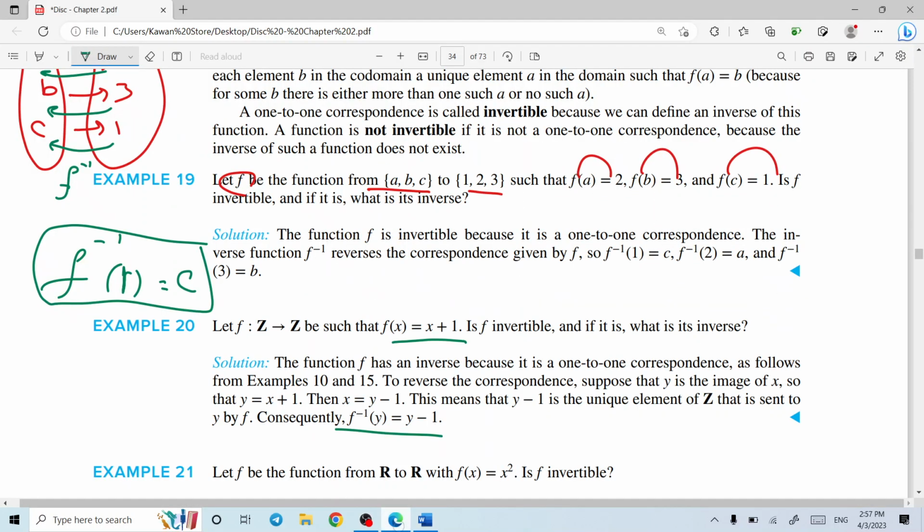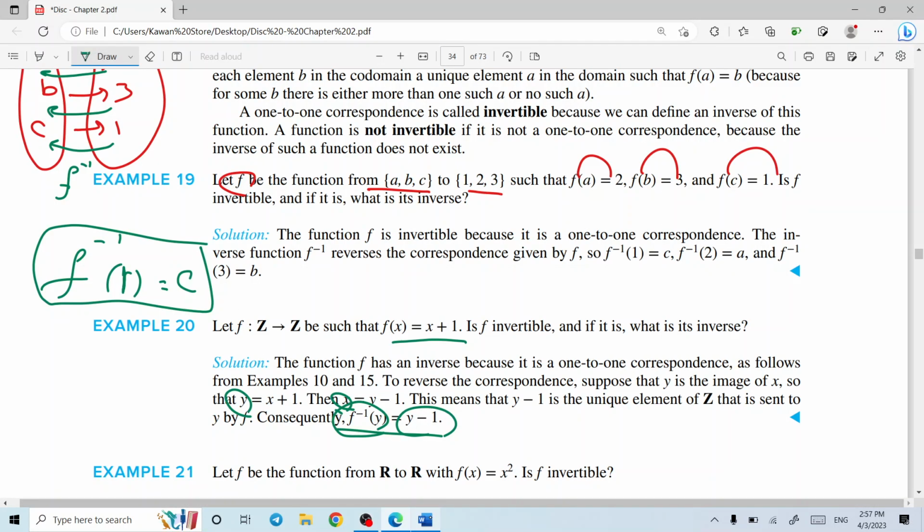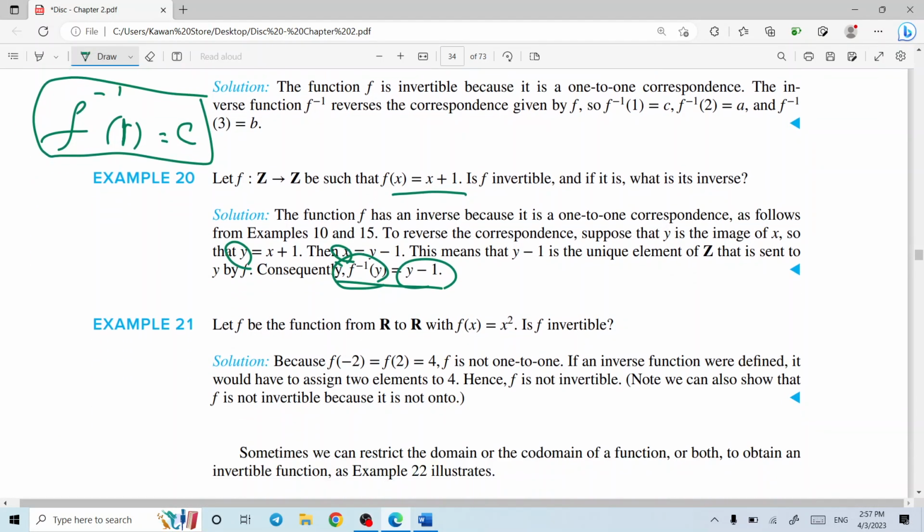But here, no. Here we just write f inverse of y is equal to y minus 1. The same. You can write f inverse for both sides, whatever you like. Understood, dear? The same strategy, with the same things we got.